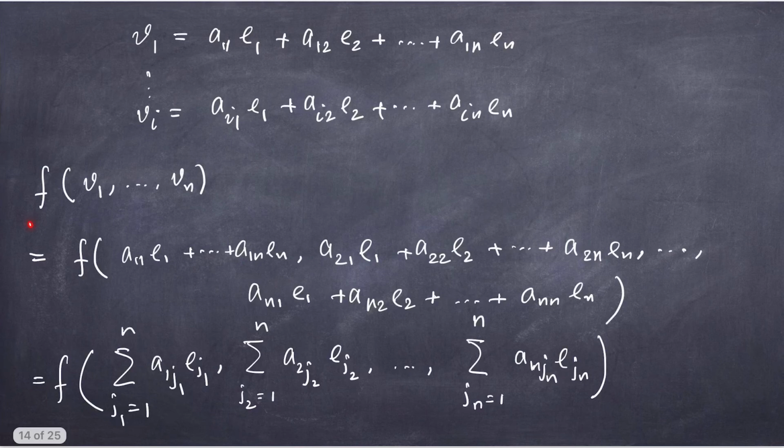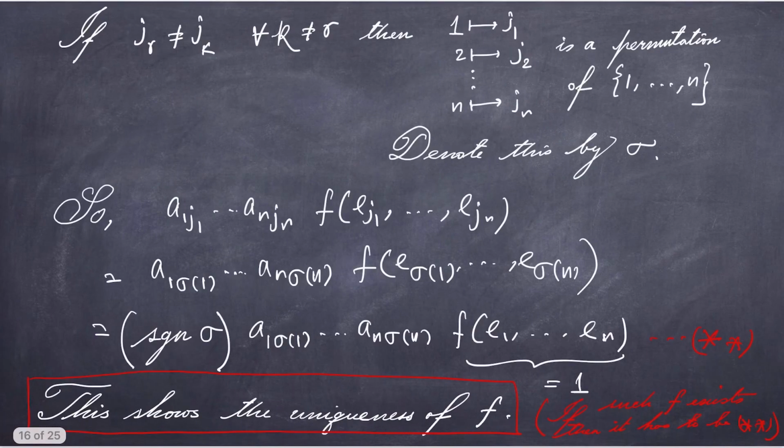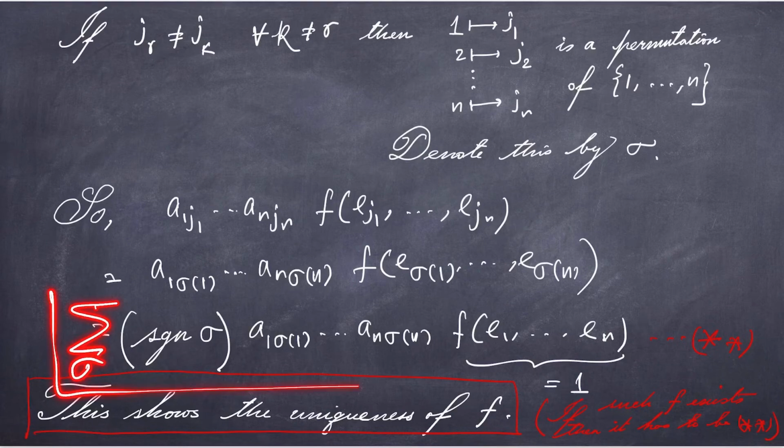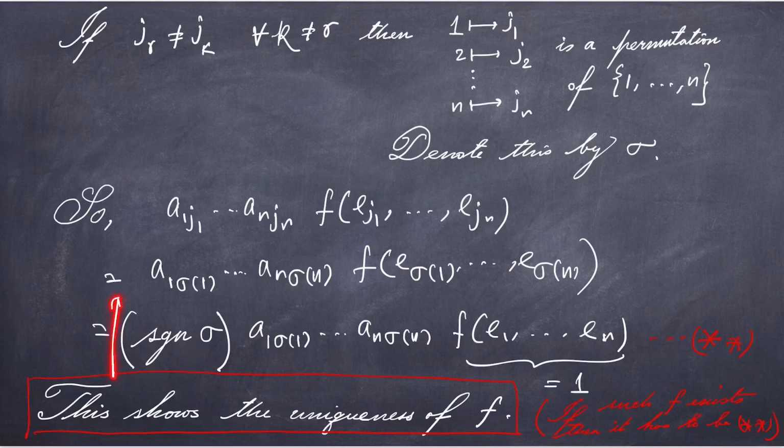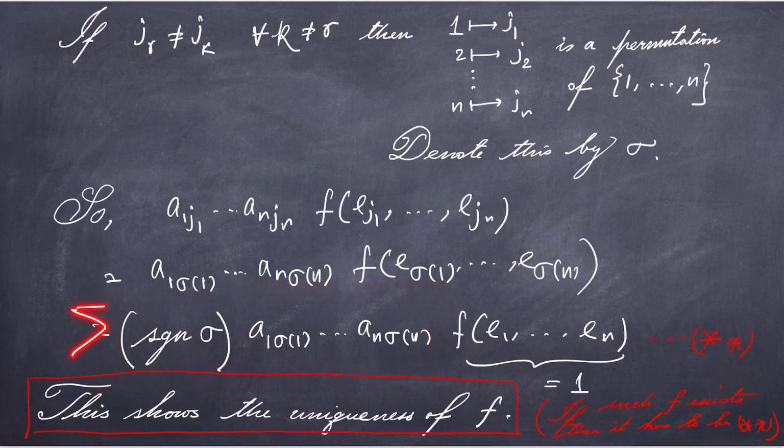So what we have seen is that if we have an f with these three properties, then the value of f at (v1, v2, ..., vn) must be the sum of this. Only the terms that survive correspond to the permutations, and therefore f of (v1, v2, ..., vn) will be the sum of these terms, where the sum runs over all permutations of 1 up to n.